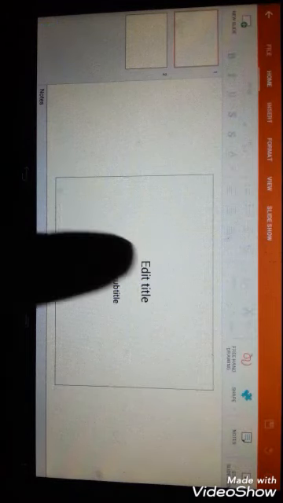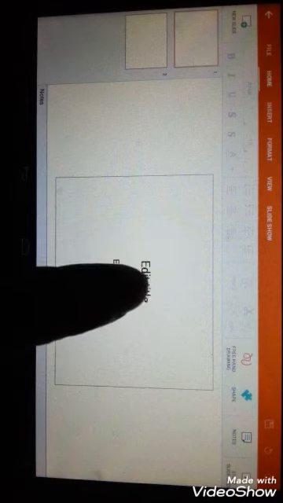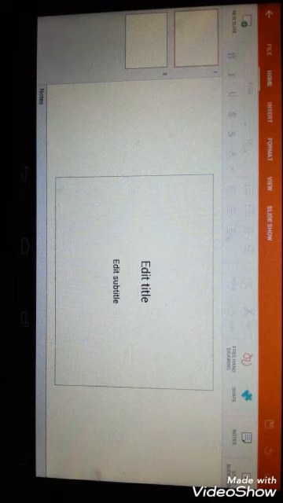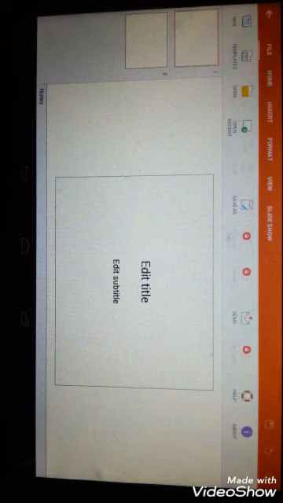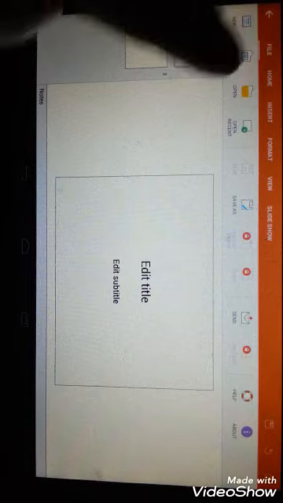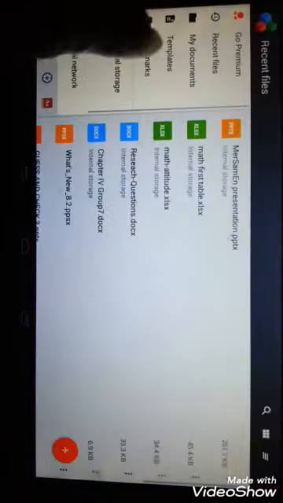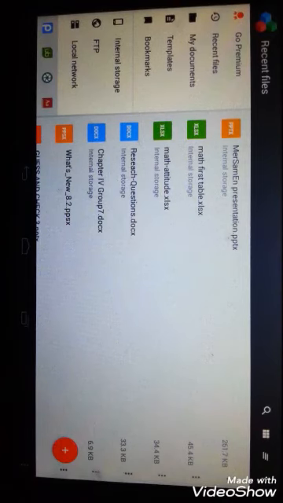From here, since I have prepared a lesson for the topic, which is the algebraic expression, I may choose File, and just open the file here and choose the prepared lesson for your teaching.